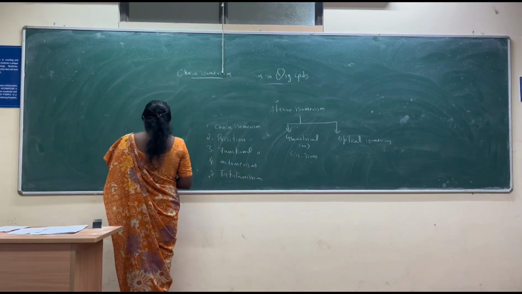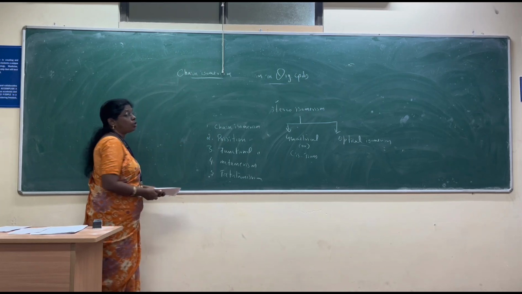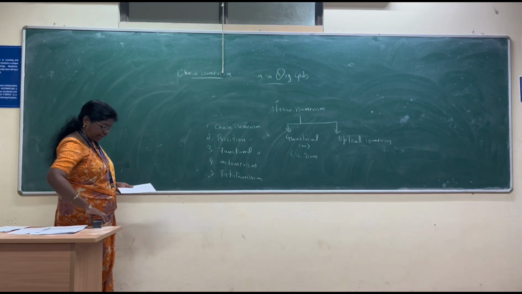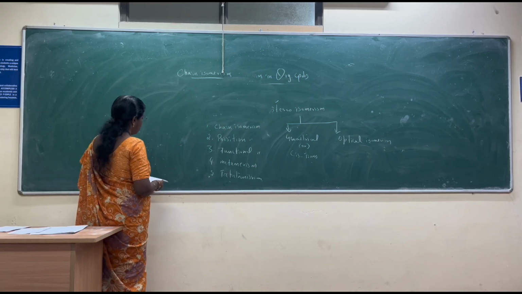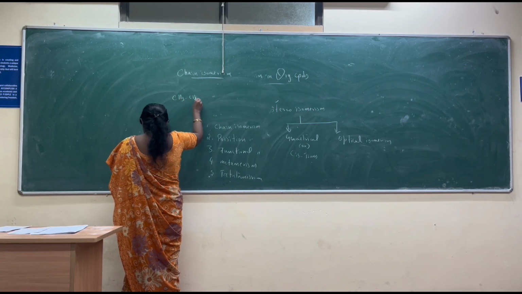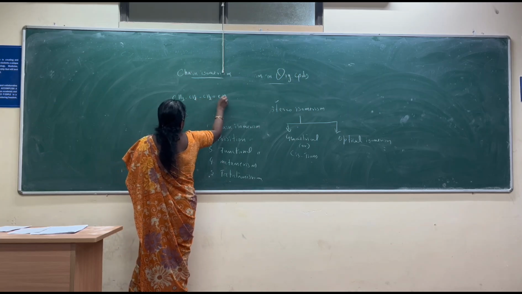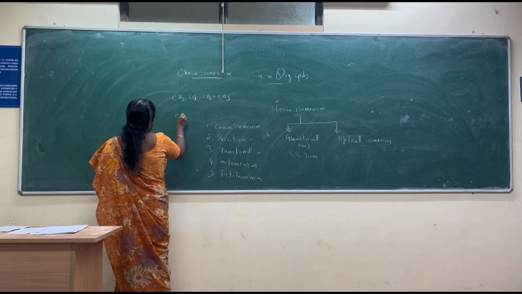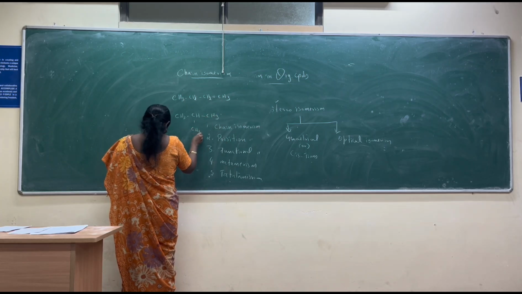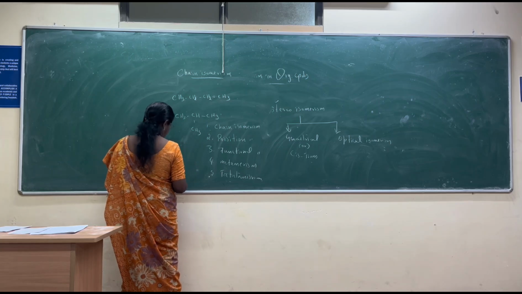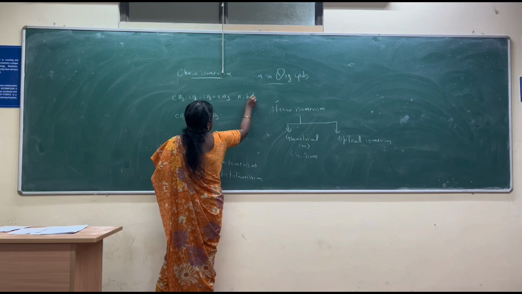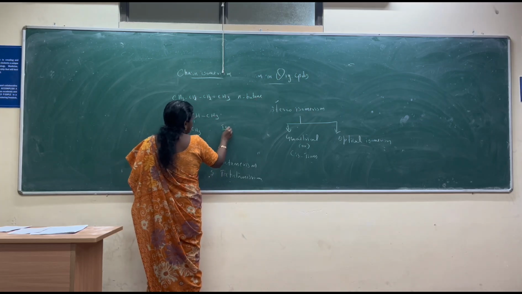Chain isomerism has the same molecular formula but differs in the order in which the carbon atoms are bonded to each other. Example: this is n-butane and this is isobutane.